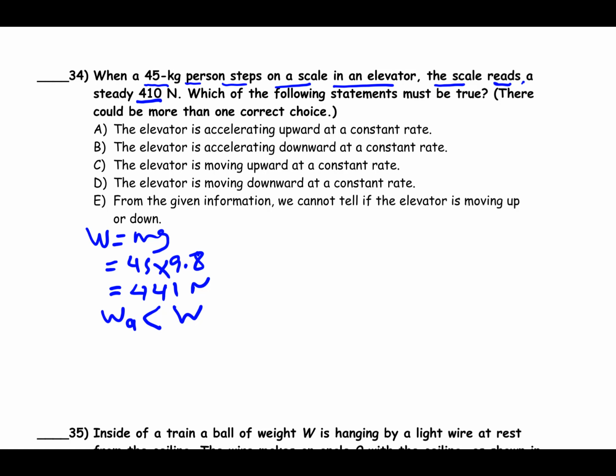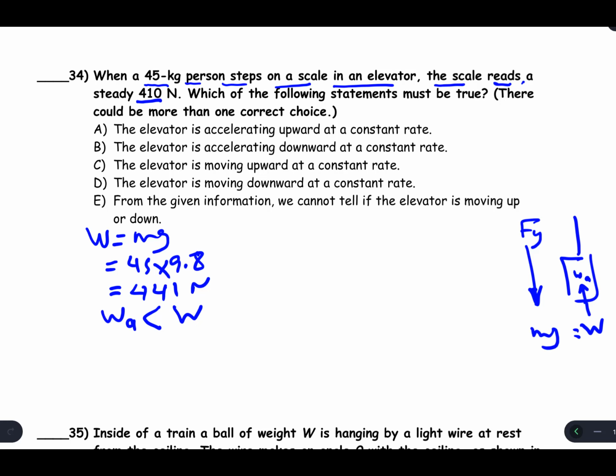So let's imagine something. This is the elevator. Imagine it is going downward. So Fy downward. This is the weight, mg, and this is the apparent weight, WA. So may equals mg minus WA.